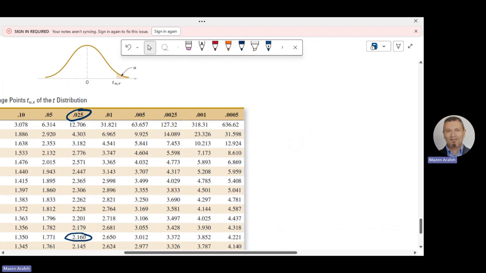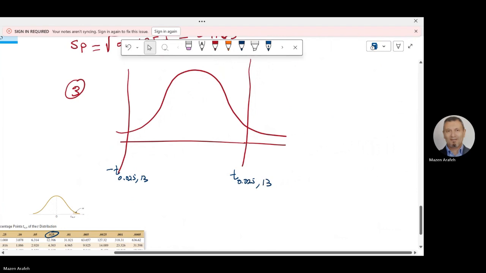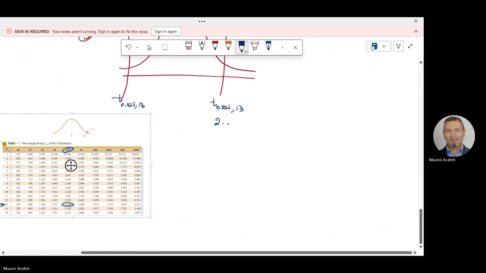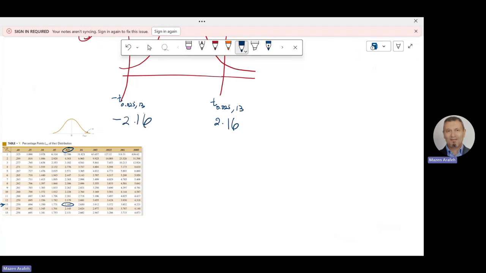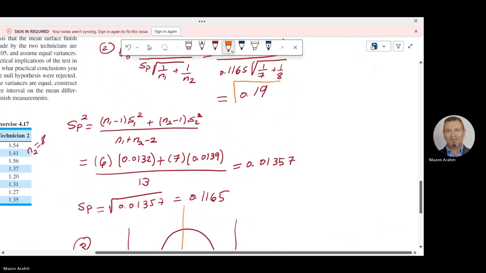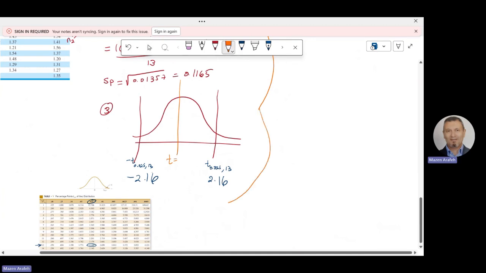So let me go back here. This is equal to 2.16 and minus 2.16. Okay, so now the test statistic is 0.19, and this is in the acceptance region. This is t equals 0.